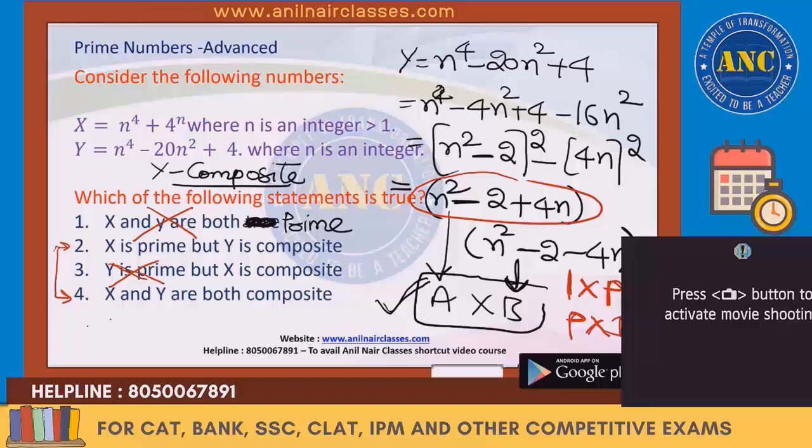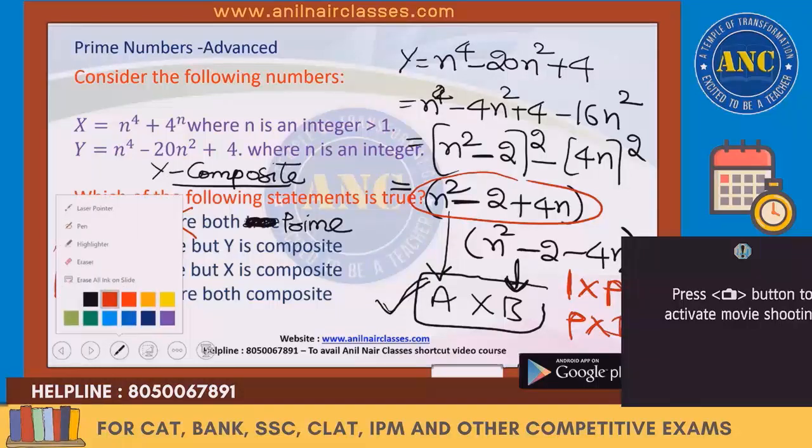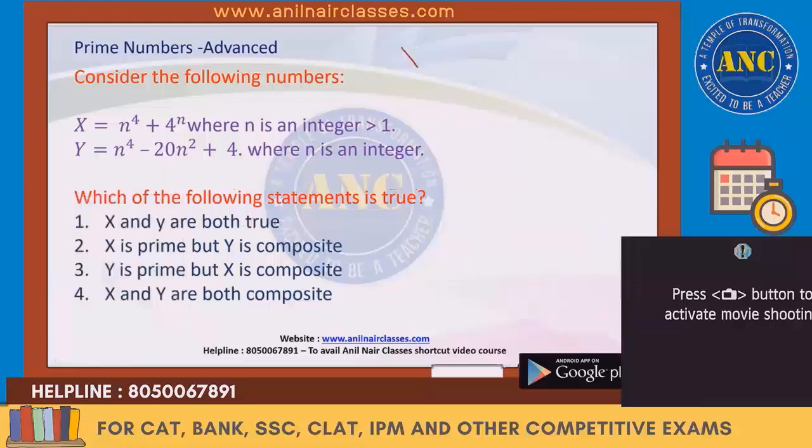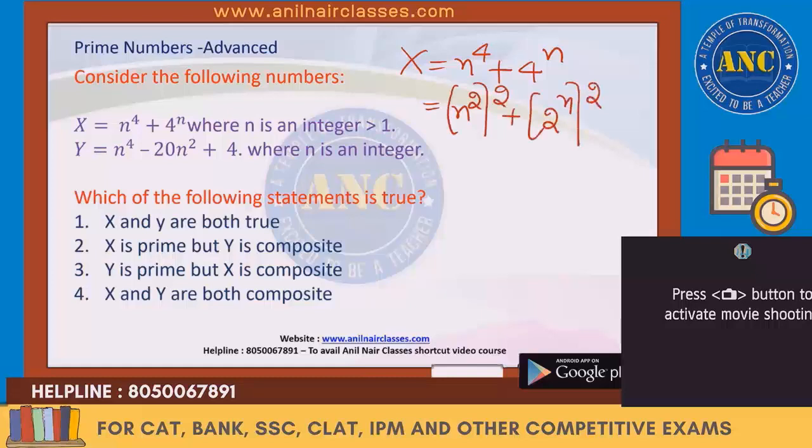Next one, x value. X is nothing but n power 4 plus 4 power n. N power 4 is n square whole square. This is nothing but 2 power n whole square. Are you all with me? N square whole square plus 2 power n whole square.